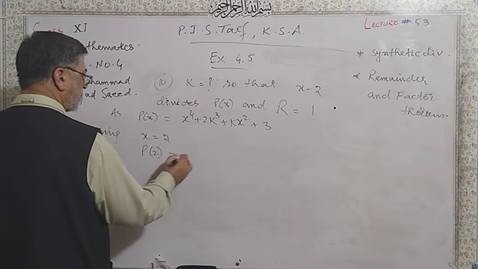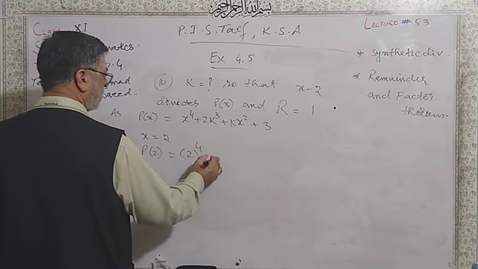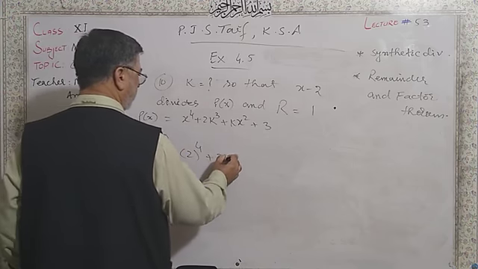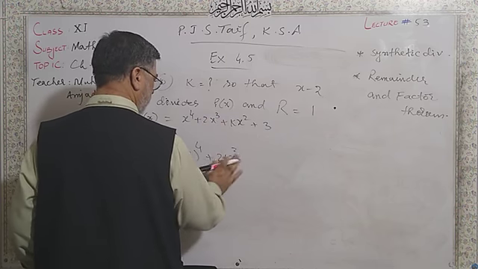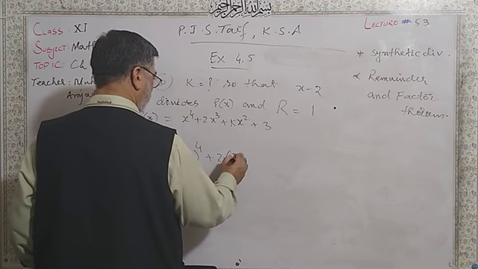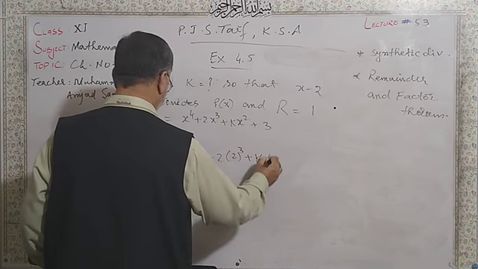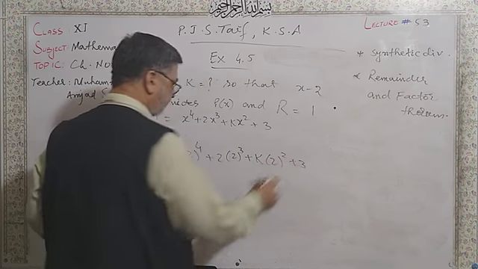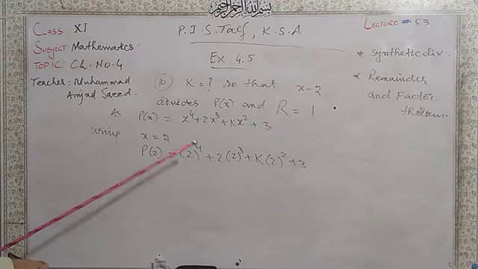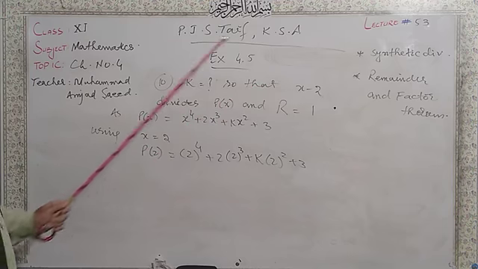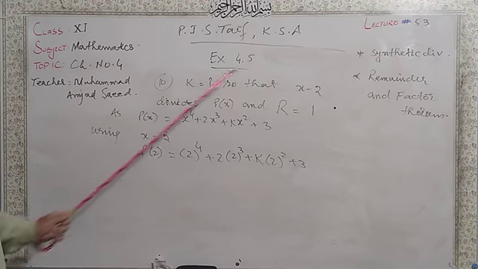Using x is equal to 2, p of 2 is equal to 2^4 plus 2 into 2^3 plus k into 2^2 plus 3. Since x minus 2 divides p of x, x is equal to 2 will be the root.